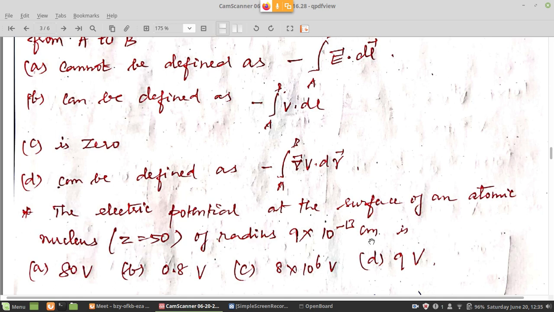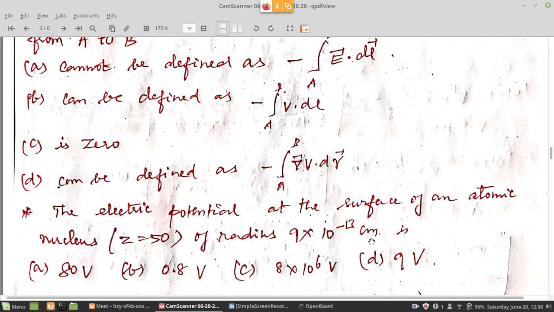The nucleus is a charged sphere, and how many charges it has? First question you have to answer that. If you can answer that first question, then it is everything. You know the formula also. Potential formula you have to use and get it. First of all, tell me somebody, what is the charge on that nucleus?